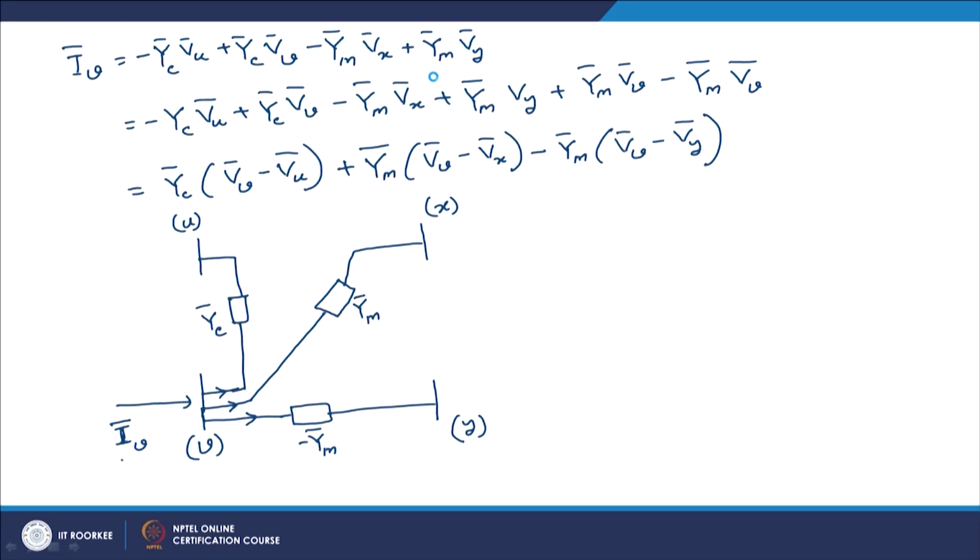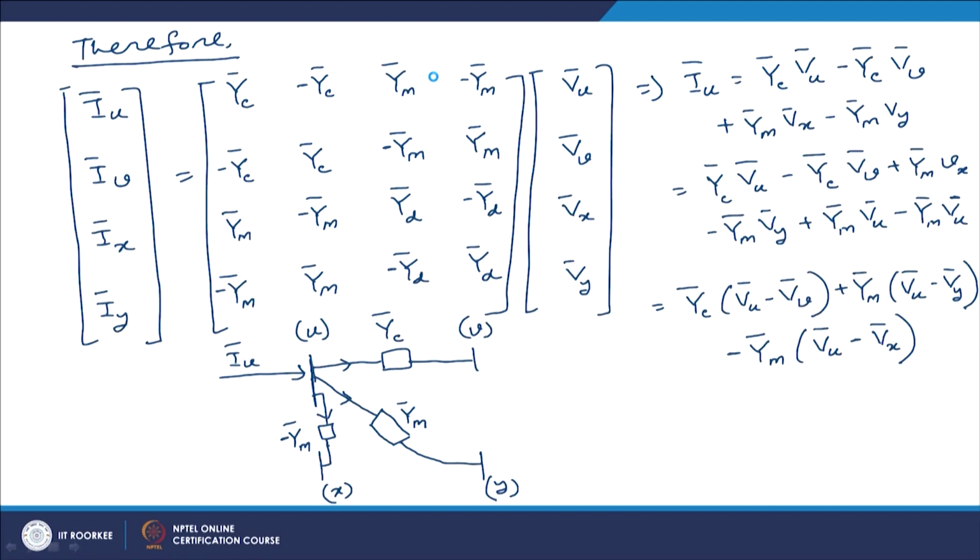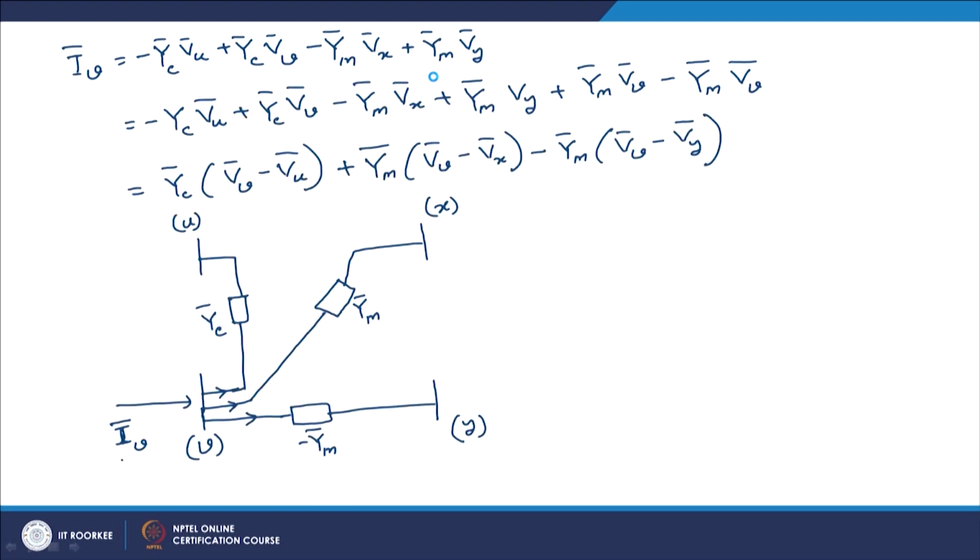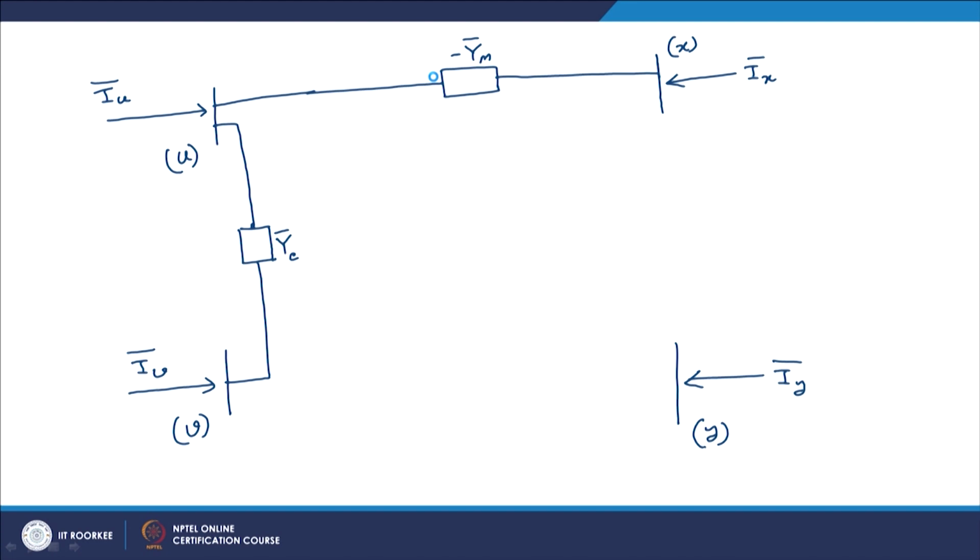And the third one is between U and Y there is an element Ym. So we have put the first circuit in this equivalent circuit.